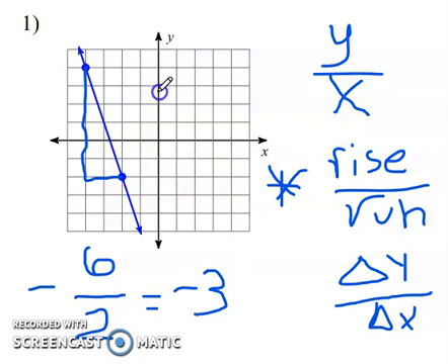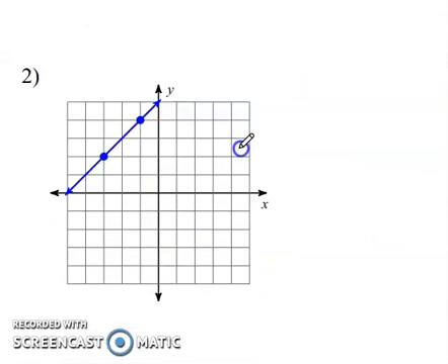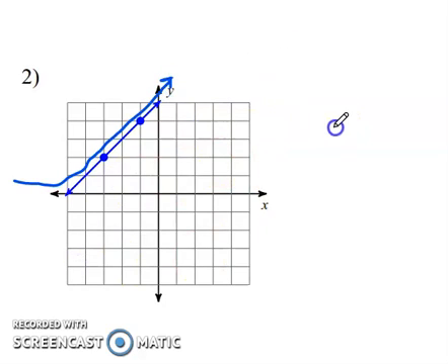Okay, let's look at another one. Here we have this graph right here. Now, first, let's decide. Slope is either positive, negative, 0, or undefined. In this case, the slope is positive, because if I'm riding my bike, I'm going up the hill. Okay, so remember, slope is y over x, rise over run.